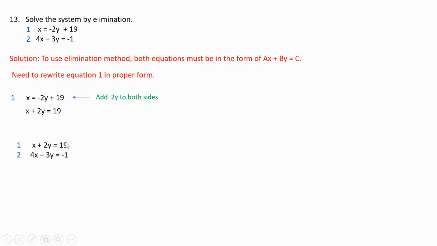So here's where I tell my students to decide what's easier to eliminate, the x's or the y's. In my opinion, it will be easier to eliminate the x's because I only have to multiply equation 1 by negative 4. Why do we use negative 4? Because negative 4 times x will give us negative 4x, and then when I add it to the second equation, they'll be eliminated because negative 4x plus 4x will give us a 0.